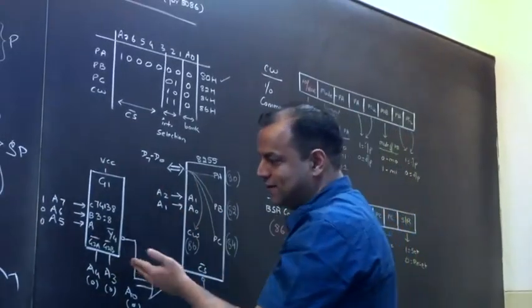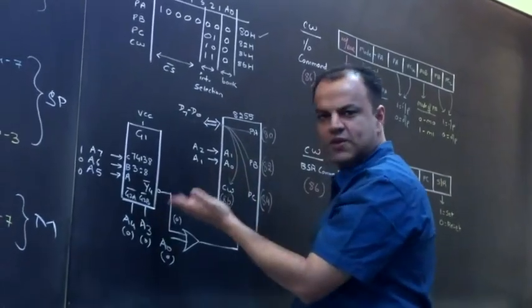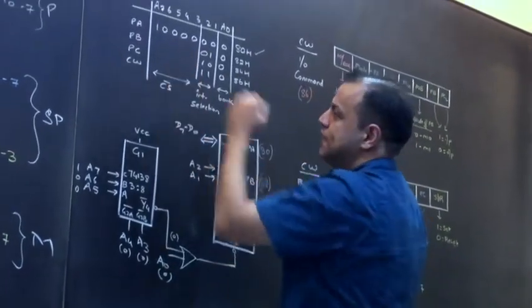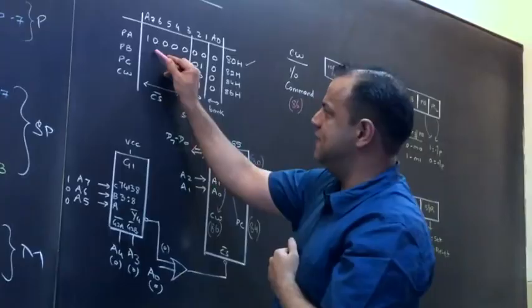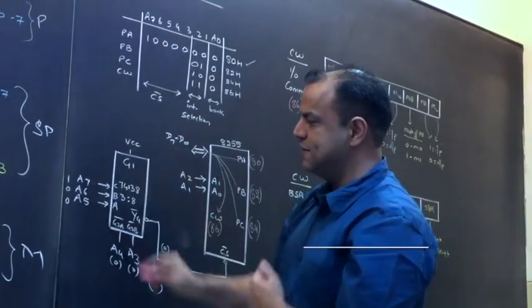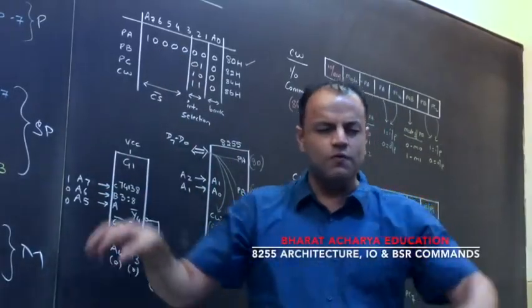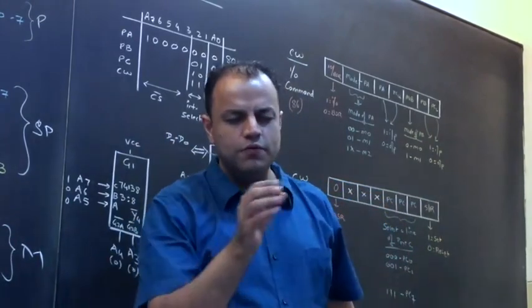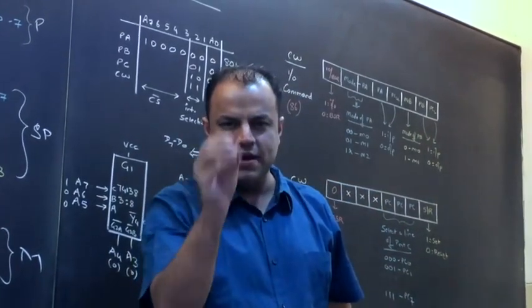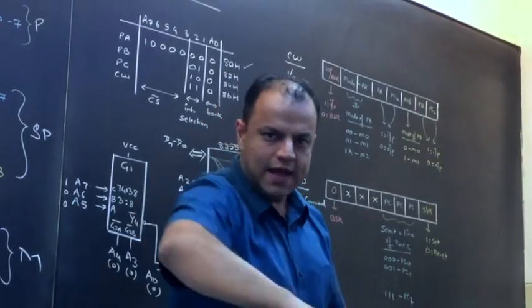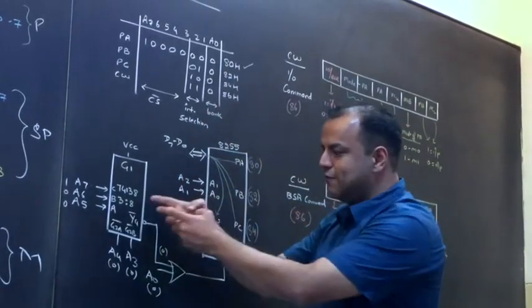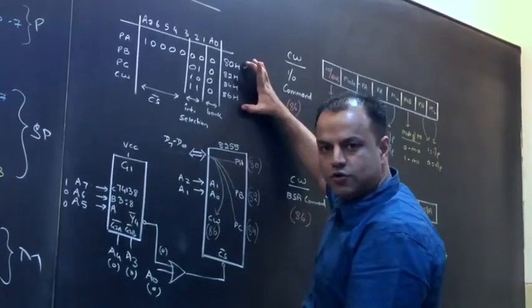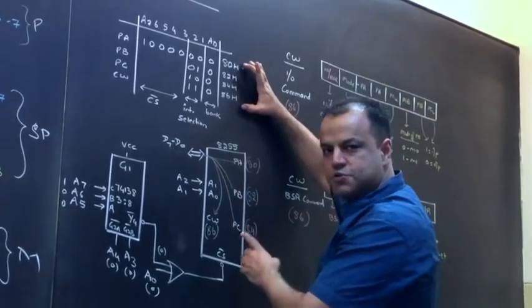So for that we take a 3:8 decoder. Everybody knows this. We have seen it in designing. We take 3 lines, A7, A6, A5. What does all this mean? Whenever the processor generates an address A0 to A7, out of those I have picked up A7, A6, A5 and I have given it to the decoder. I have told the decoder only for these 4 addresses this chip should be selected.